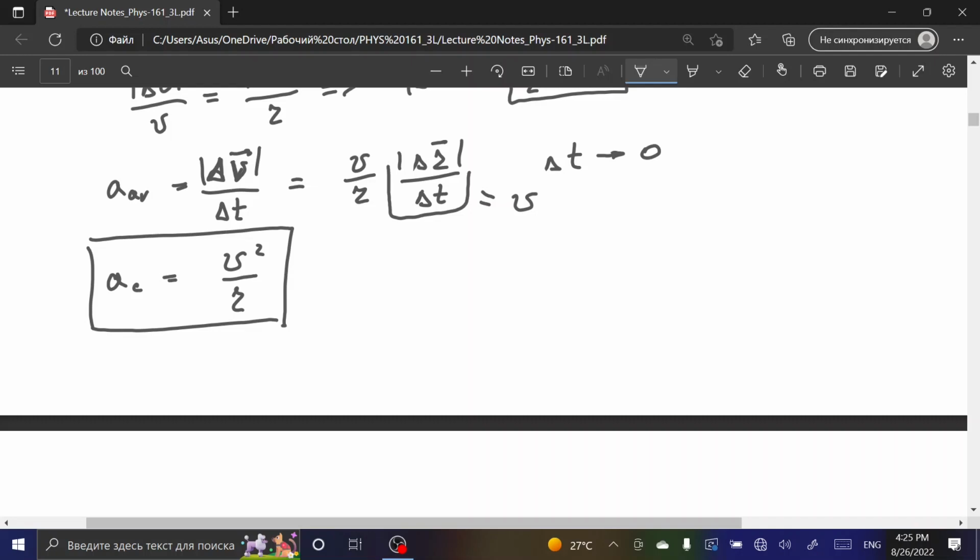In terms of uniform circular motion, how could you define the period? So it's the time it takes for the body to make a full circle around its axis, which goes through the center of this circular trajectory. How do we quantify it?